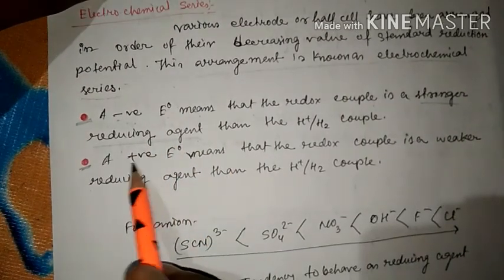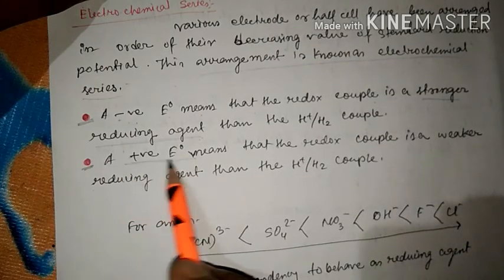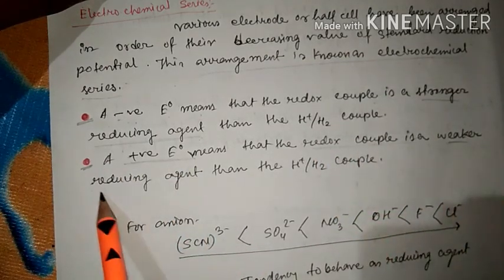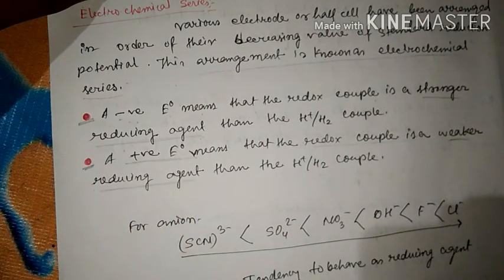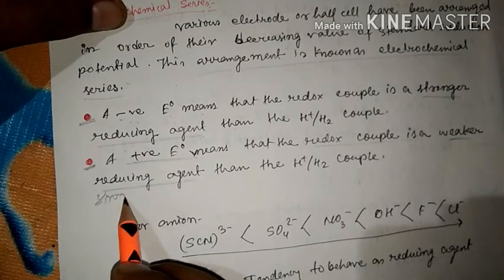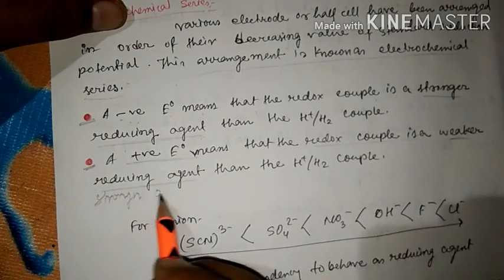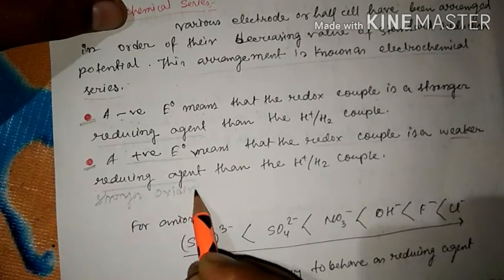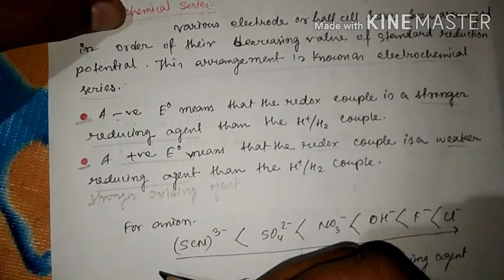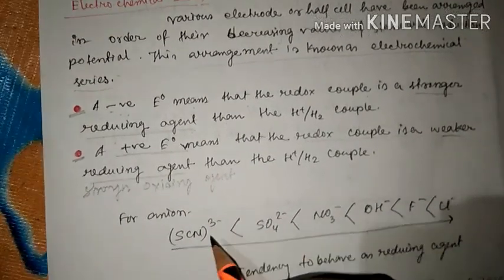Second, if it is a positive value, the higher the positive value, the reduced couple is the weaker reducing agent. That means a stronger oxidizing agent. You can say stronger oxidizing agent also.